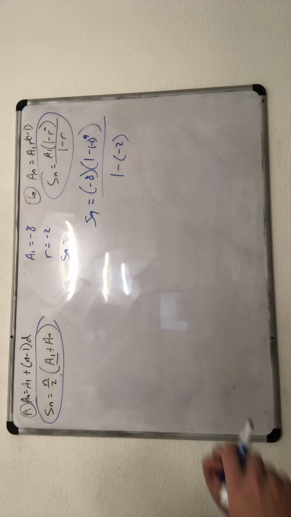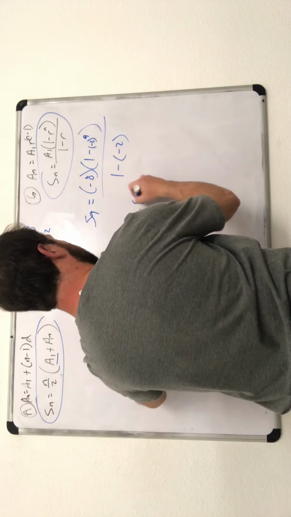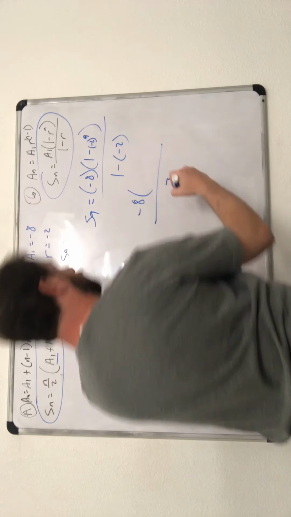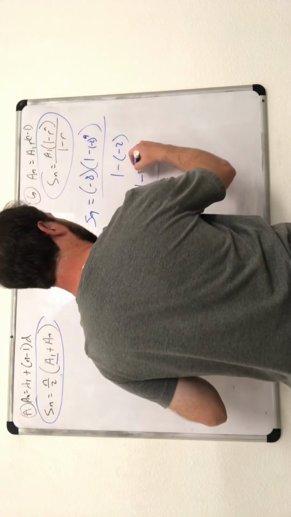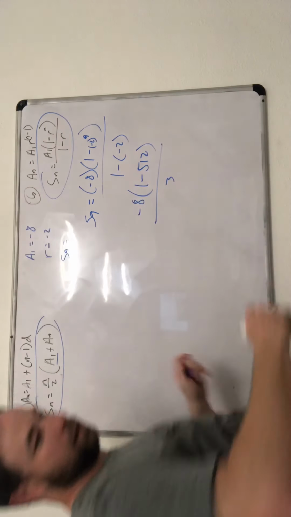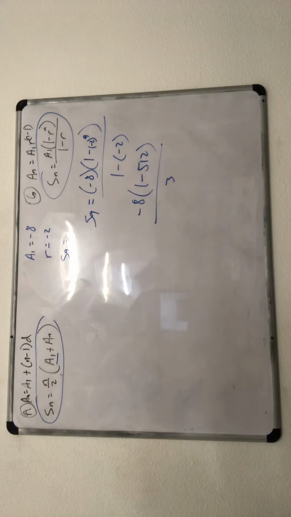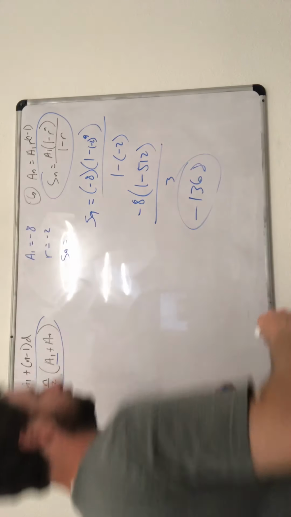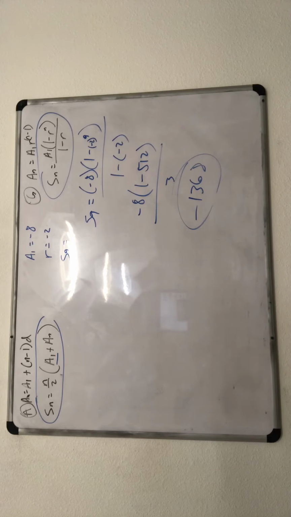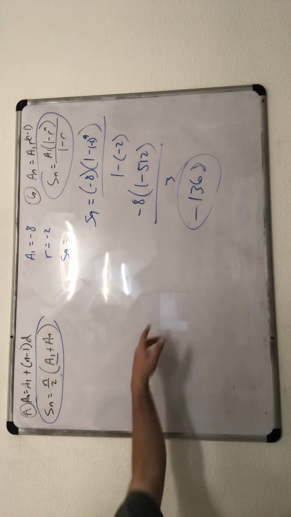So we will have negative 8, and then on the bottom it's 3, and it'll be 1 minus 512 is what this ends up being. And then finishing it out, this becomes negative 1368.